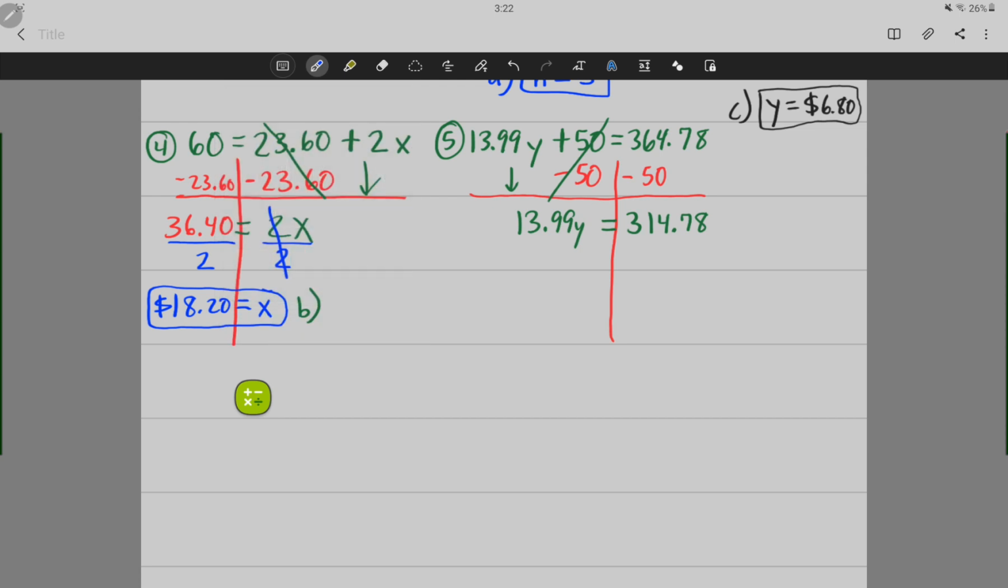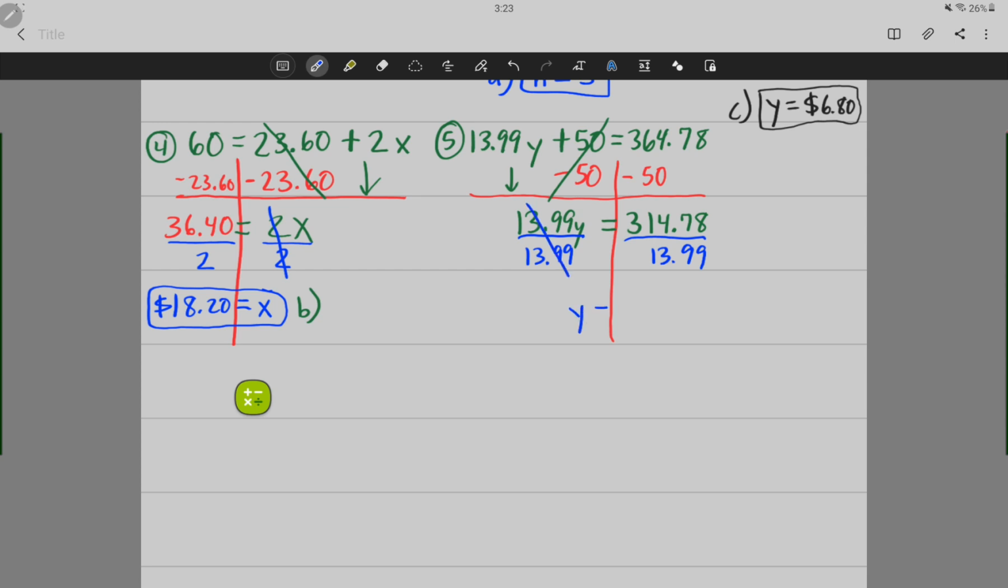And now our final operation here. We're looking at multiplication because it says 13.99y, which is 13.99 times y. The opposite of multiplying is dividing. So the number in front of y is 13.99. Do that to both sides. 13.99 divided by itself is 1, so cancel.